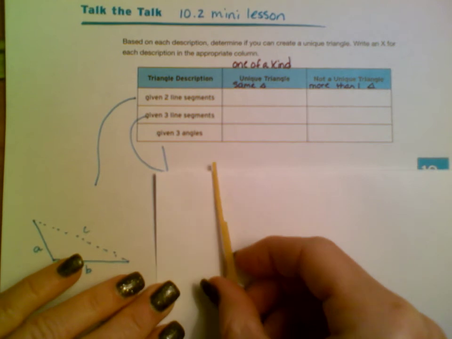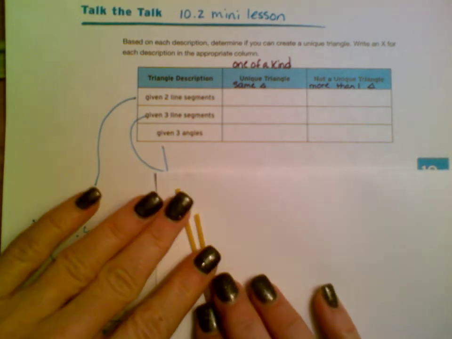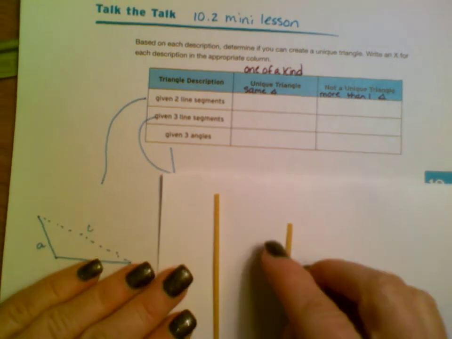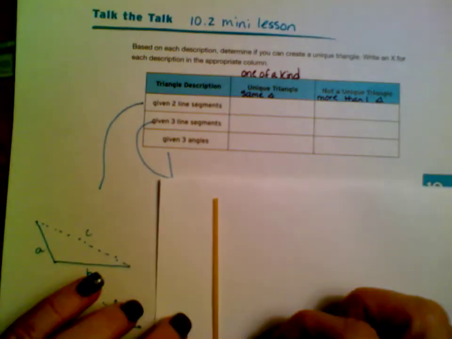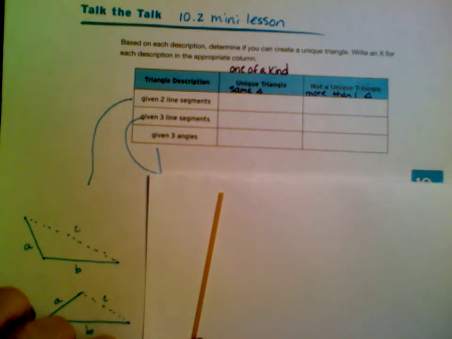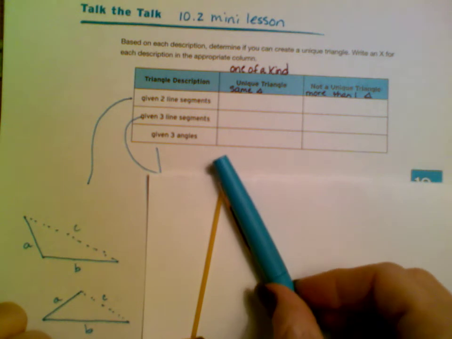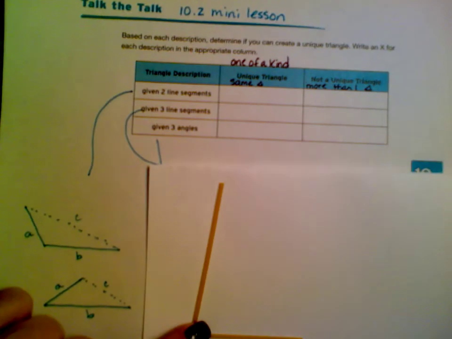So we're going to look at if you're given two line segments. I'm going to use pasta because I think this makes a really nice visual for what's happening with triangles. So I clearly have two different lengths of pasta. If I want to make a triangle, I could put these two pieces like this, and I could see my third piece would have to go in here to form a triangle.